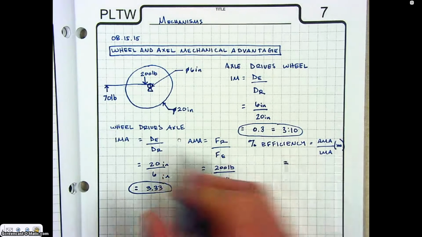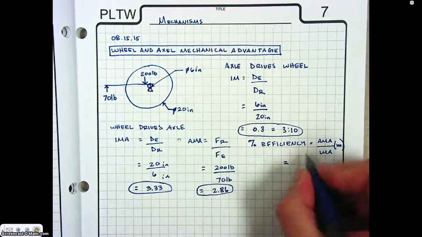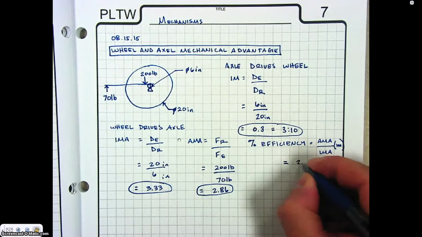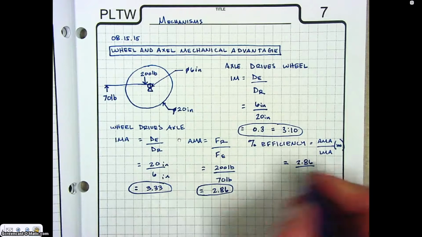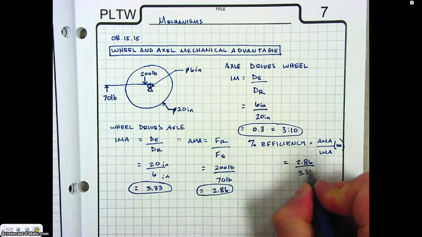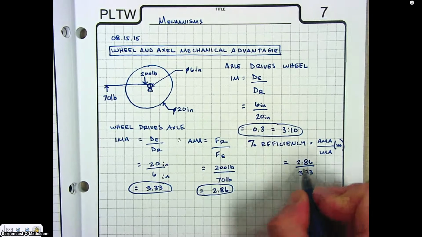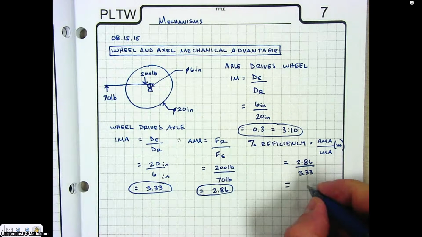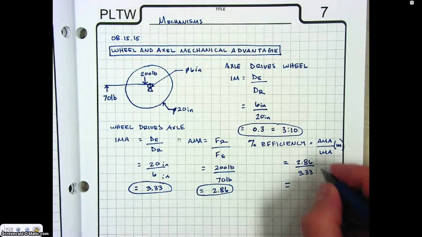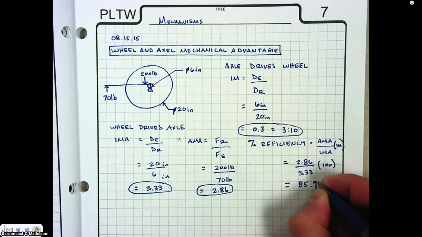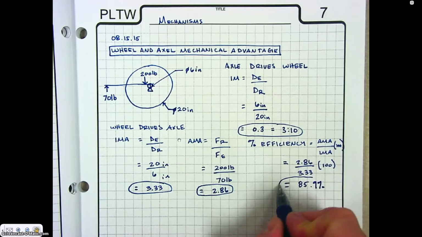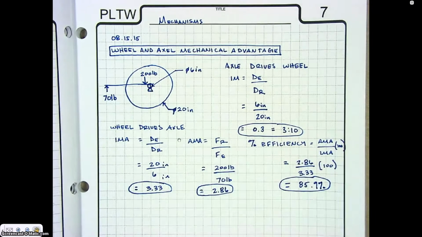So the AMA of the wheel driving the axle was 2.86 divided by the IMA, which was 3.33, multiplied by 100, and you get an efficiency of about 85.9%. There are some calculations on the wheel and axle.